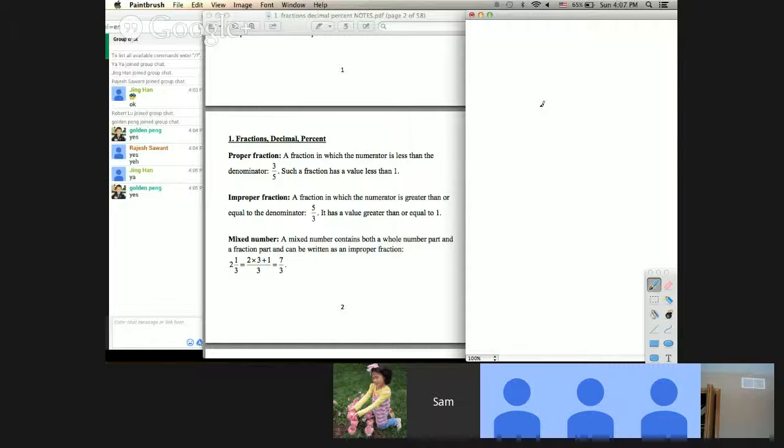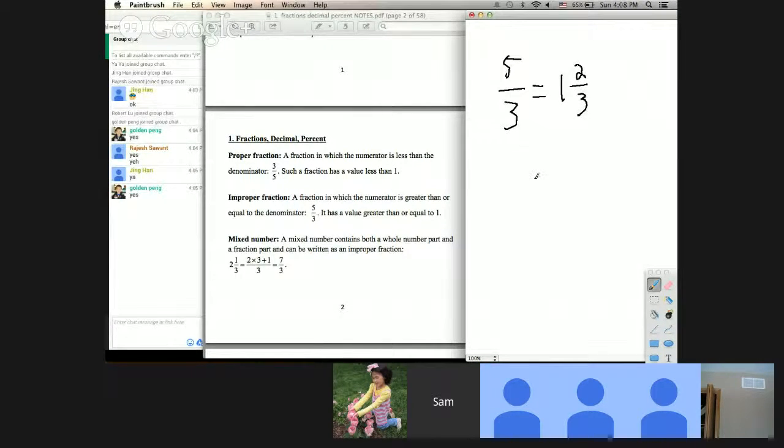For example, let's take our improper fraction 5/3. We can turn this into a mixed number: since 5 is greater than 3, we can take a 3 out, so one whole. If we take 3 out of 5, there's 2 left, so 2/3.